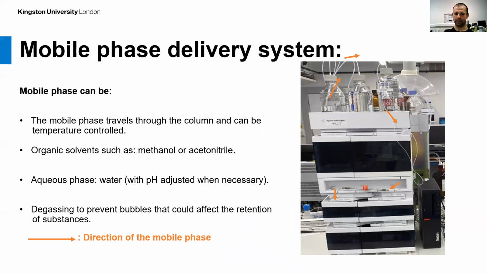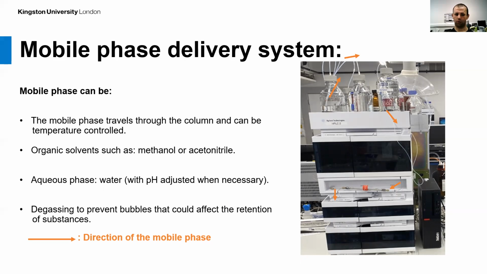Mobile phase delivery system. The mobile phase travels through the column and can be temperature controlled. The mobile phase is made up of organic solvents such as methanol or acetonitrile, and it can be an aqueous phase such as water, and pH can be adjusted when necessary.